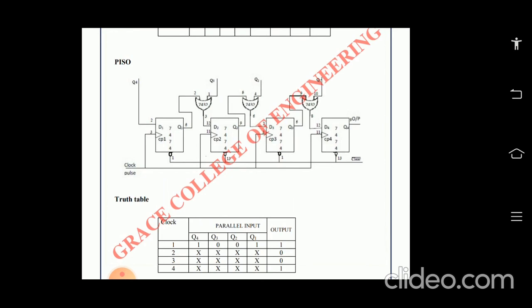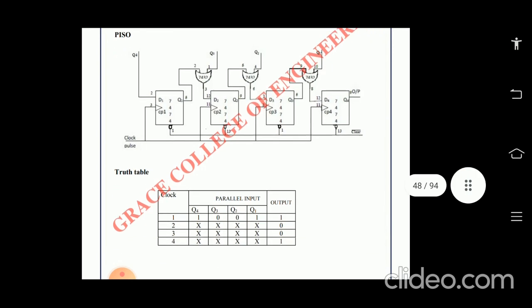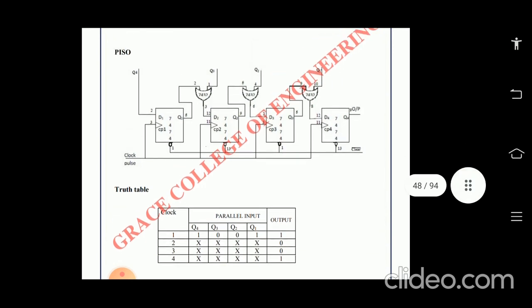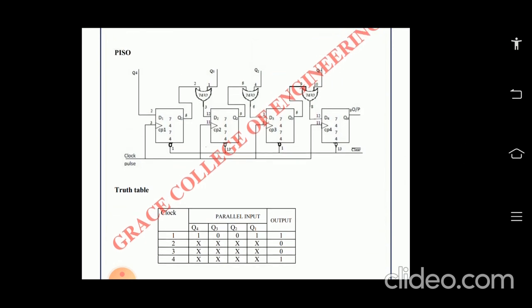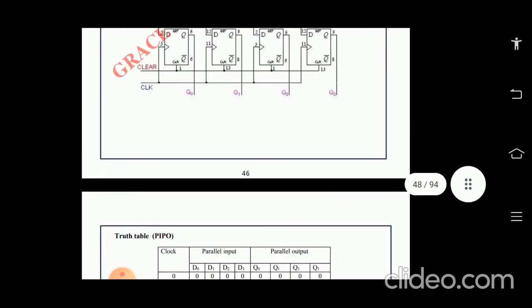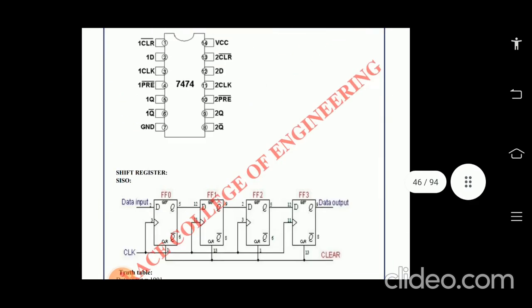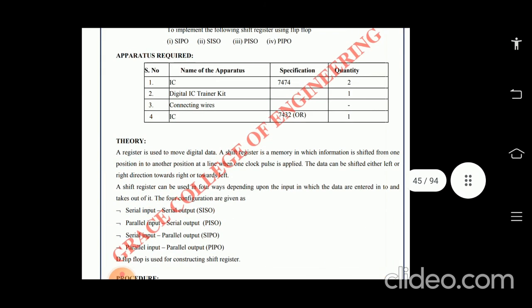Here your input will be parallel, but our output will be taken as serial. Whenever we give the clock pulses, the corresponding output will glow in the corresponding pins. So this is how we can construct and verify our shift registers for the four types.